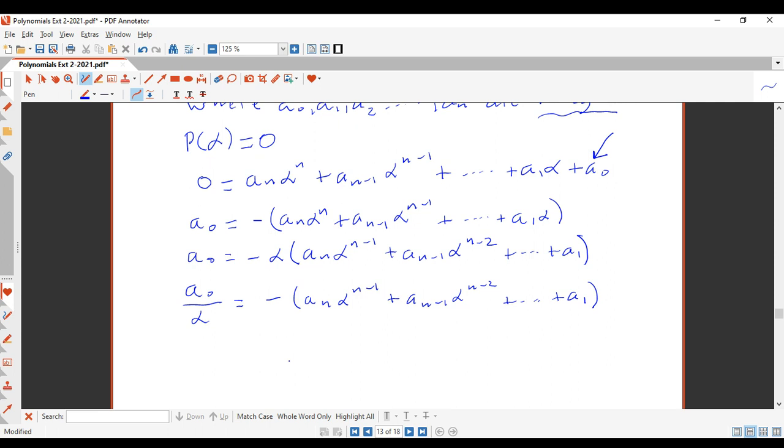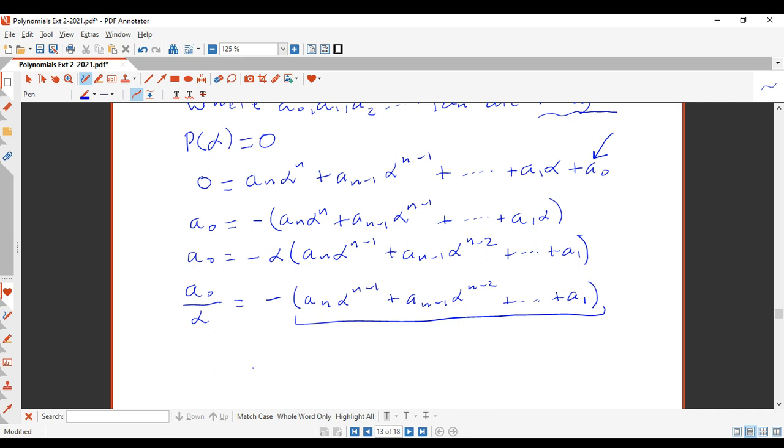We have to prove that it's divisible. That means when we divide a naught by alpha, we get some sort of integer. Well, we know that all of this must be an integer because we know all the coefficients are integers, don't we? So we know an minus 1, a1, they're all integers. We know that alpha is an integer as well.